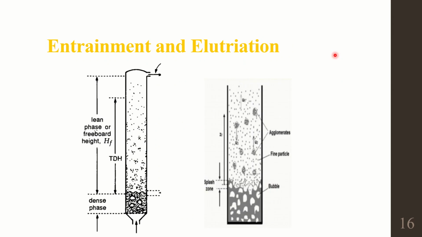And next is the entrainment and the elutriation inside the bed. In the last regime of the fluidized beds, we saw that once the fluid velocity is very high, the particles would be carried over from the top and pushed back inside the bed. So there is a regime up to which the particles will move only to a certain height.